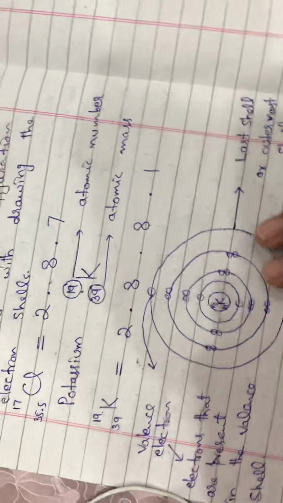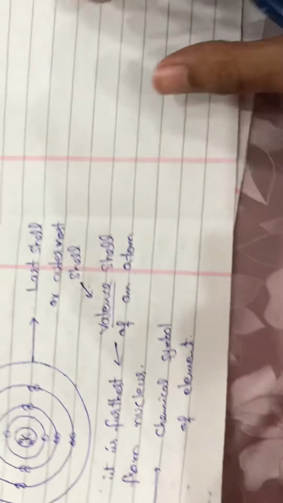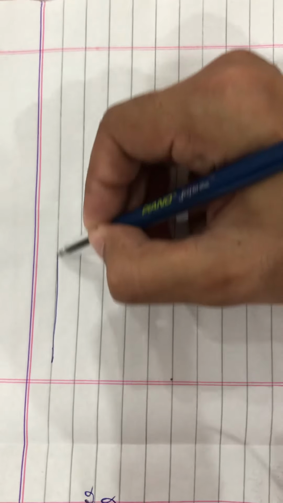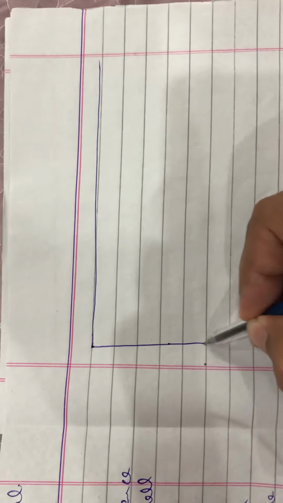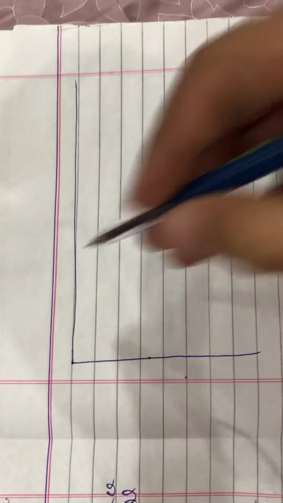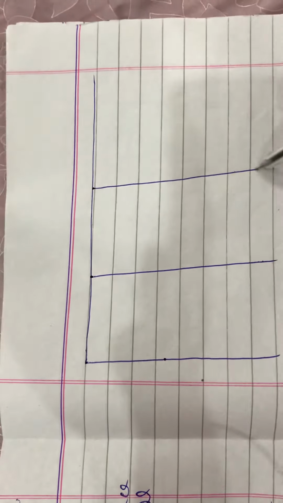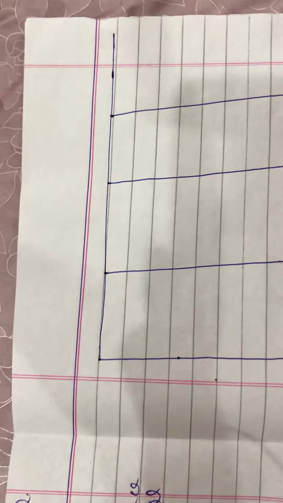Now, writing the different symbols of elements, we are looking for their number of protons. So these are our particles: protons, electrons and neutrons.